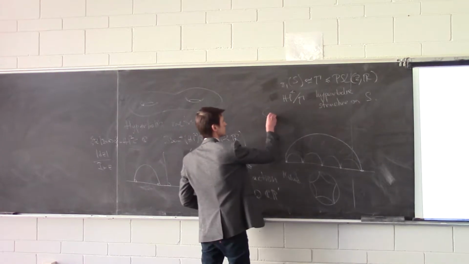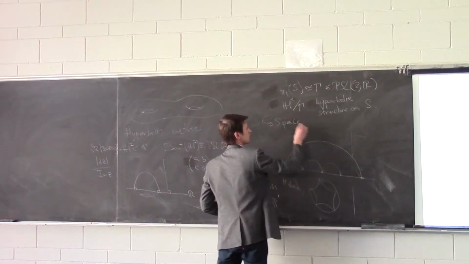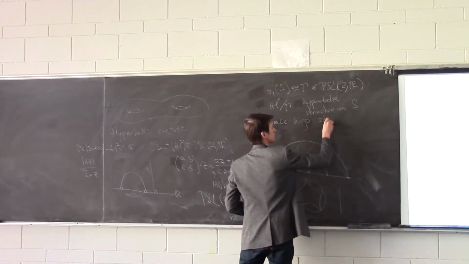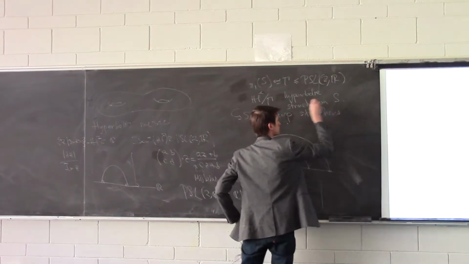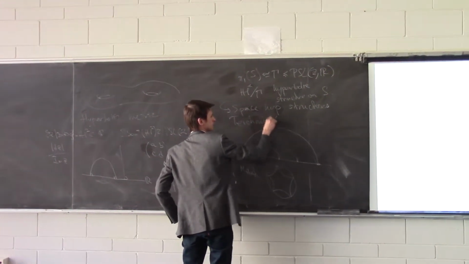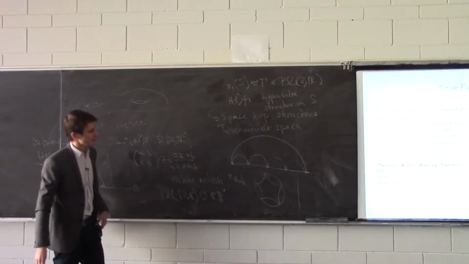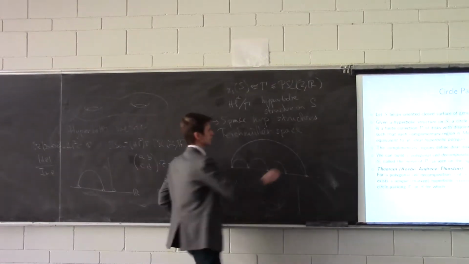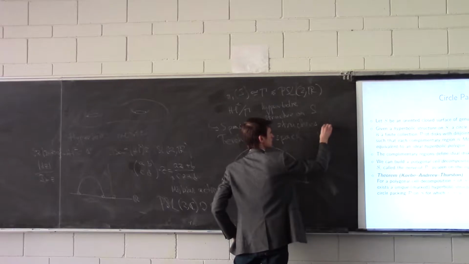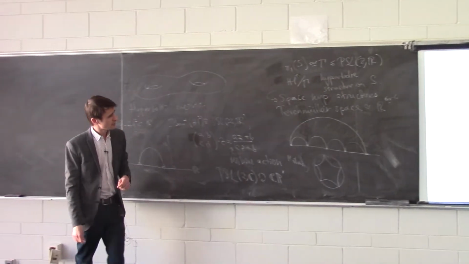So the space of hyperbolic structures is called Teichmüller space. Right? And this is homeomorphic to R to the 6g minus 6, where g is the genus of the surface.